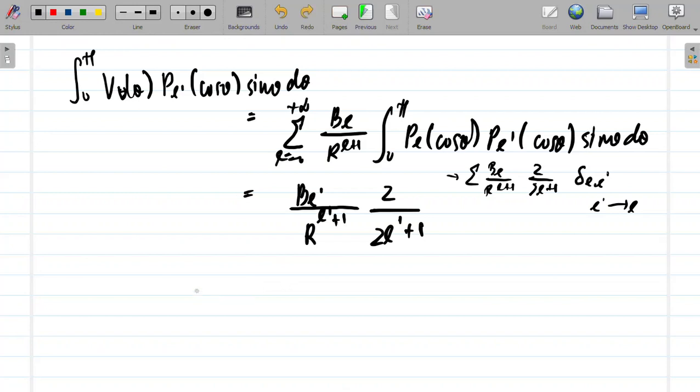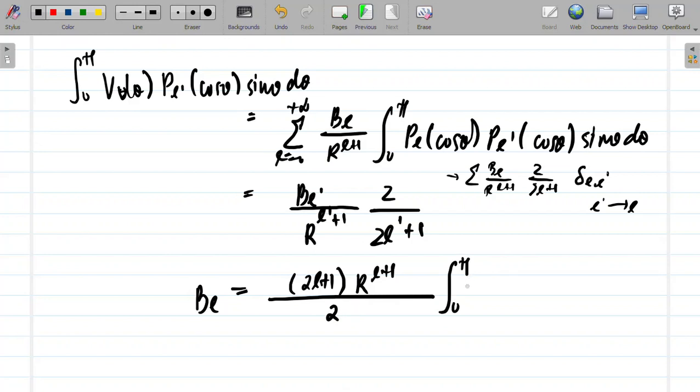finally, yung BL, we have (2L plus 1) R to the L plus 1 over 2 times integral 0 to pi V naught of theta PL of cosine theta sin theta d theta. Okay. So, class, again, paulit-ulit lang.